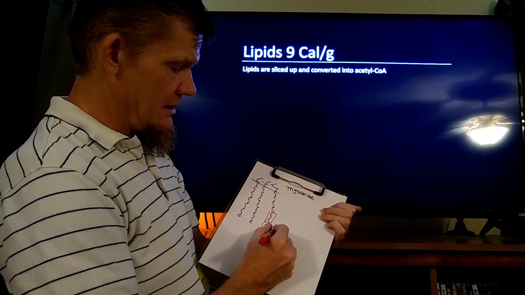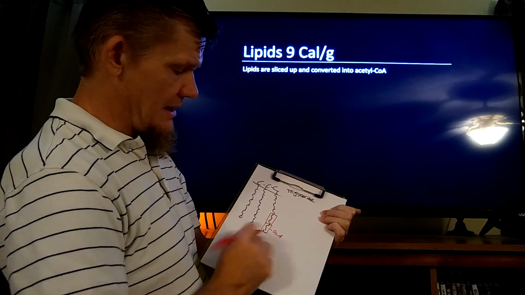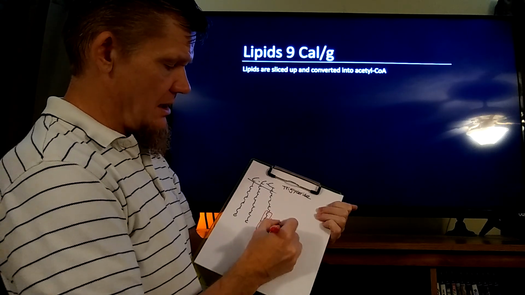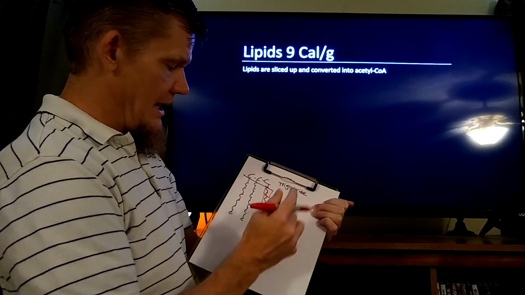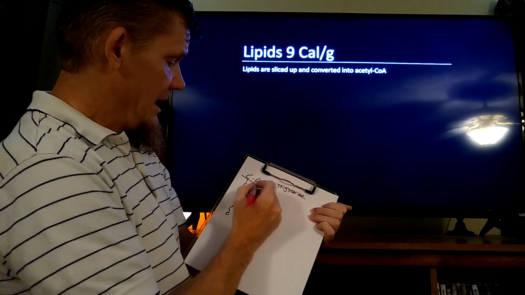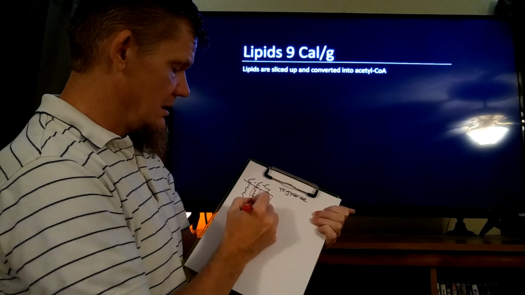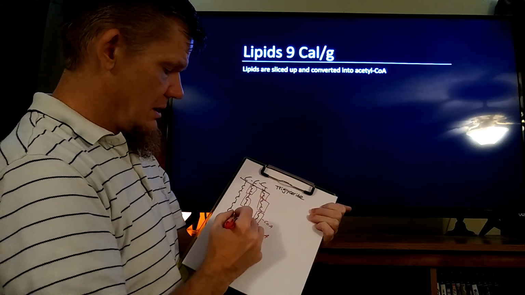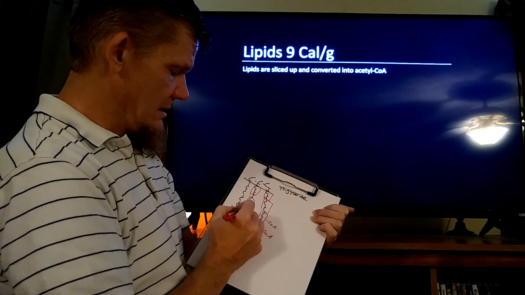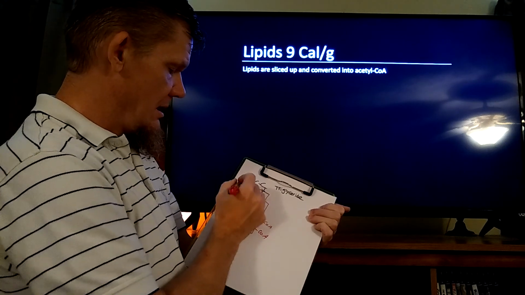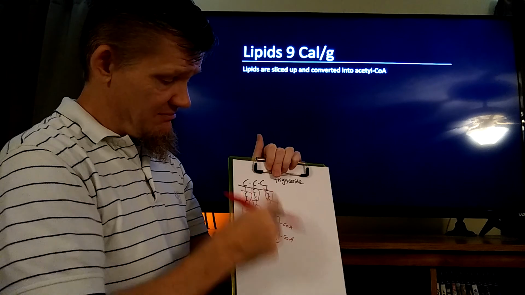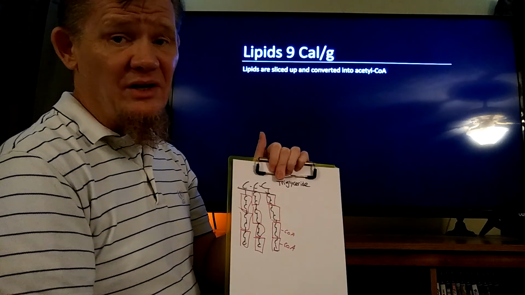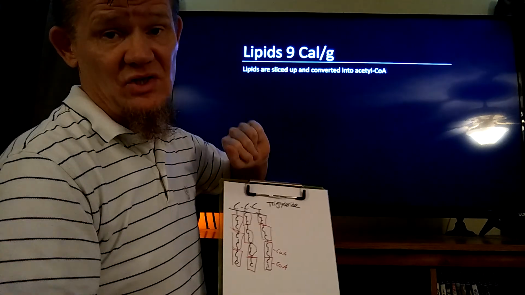I just need to add coenzyme A. And once I add coenzyme A, I can just send it right into Krebs. And how many 2 carbon chains can I make out of one of these fatty acids? I can make a whole bunch of these 2 carbon chains.